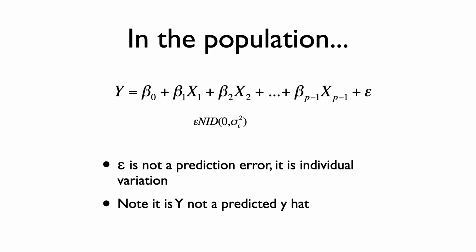This is saying this is how the world works. I realize that's a subtle distinction, but it's an important one because in the population we can actually make these statements. We typically don't know them. If we knew them already, we wouldn't have to collect the data to do the science, because we'd know how the universe works. But theoretically, behind the scenes, that's what's going on.